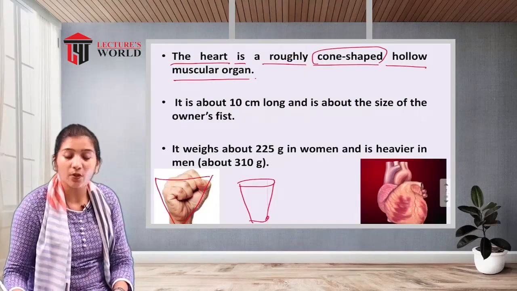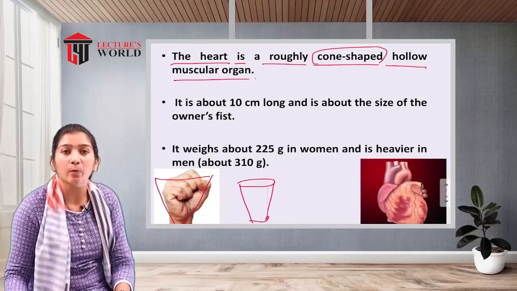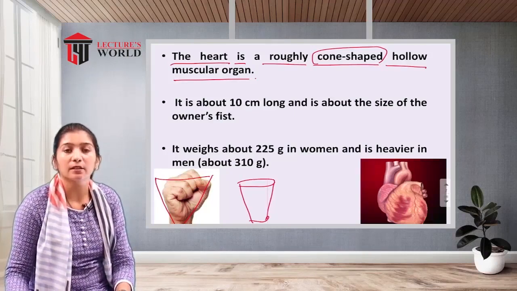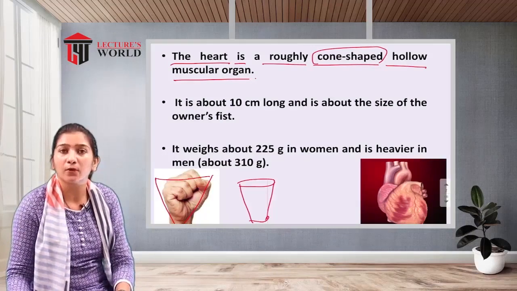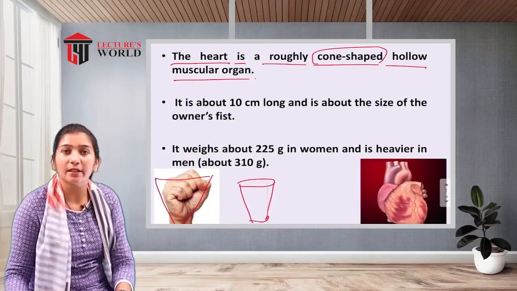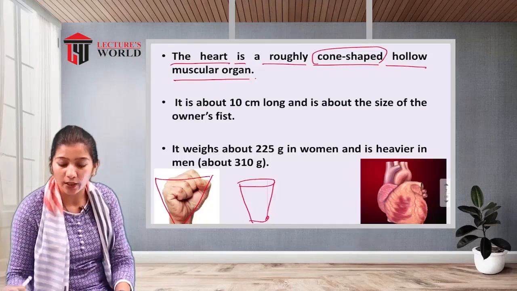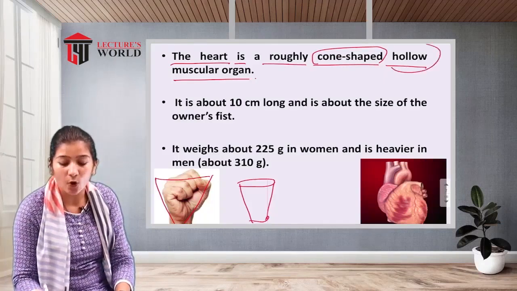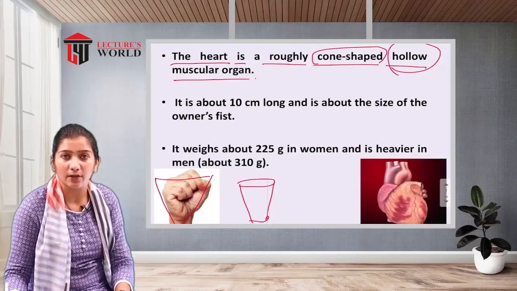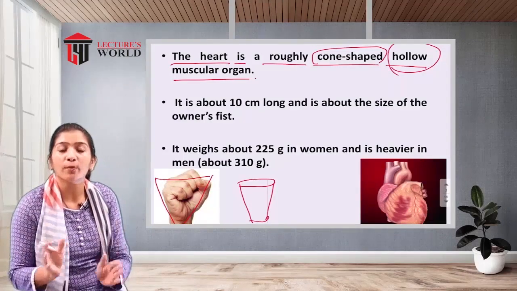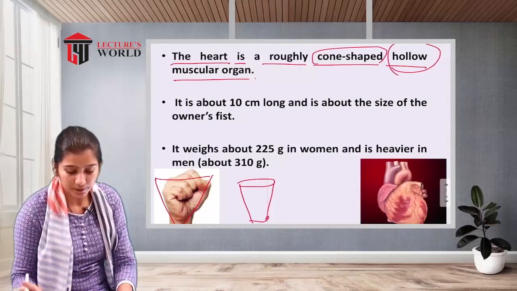It is a muscular organ made up of muscles. In the heart there are no bones; it is just made up of muscles. That's why it is a cone-shaped muscular organ, and it is also hollow. There are different chambers in the heart.